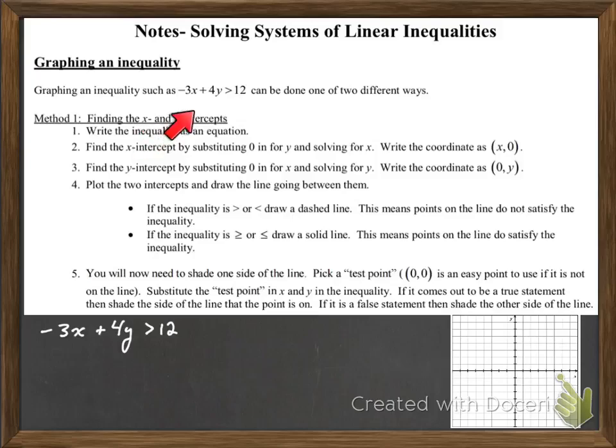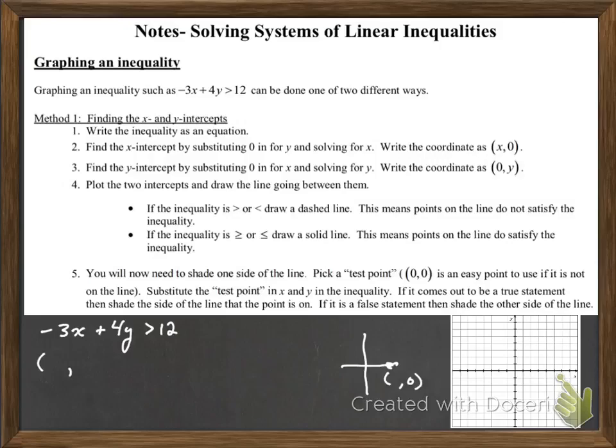All right, so we're going to take a look at this inequality right here, negative 3x plus 4y is greater than 12. And we're going to figure out what the x and y intercepts are. Now, one of the things to remember is that any point that is on the x-axis has a y value of 0.